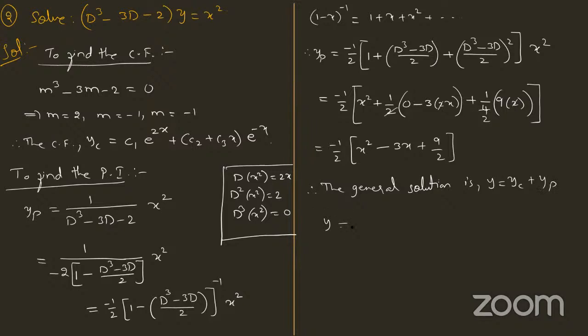So that is y is equals to the complementary function, what you got, c1 e power 2x plus c2 plus c3x into e to the power of minus 2x minus x, this is your complementary function, plus particular integral is this, you see there is a minus, so I've written minus 1 by 2 into x square minus 3x plus 9 by 2. Right? So like this, you can write the general solution of this particular function.